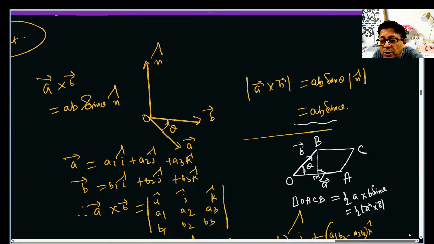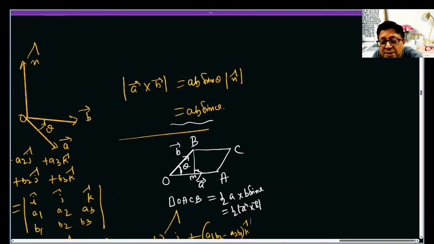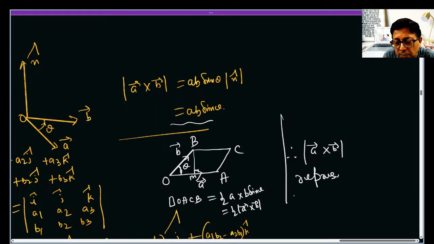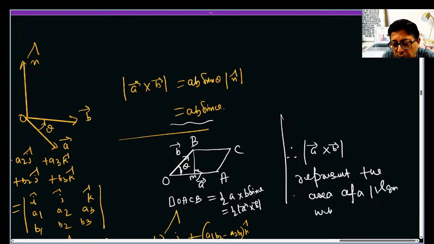So what is the geometrical meaning of cross product? Therefore, mod A cross B represents the area of a parallelogram whose adjacent sides are A vector and B vector.